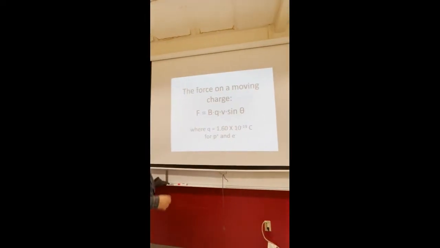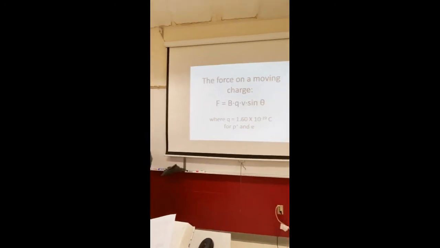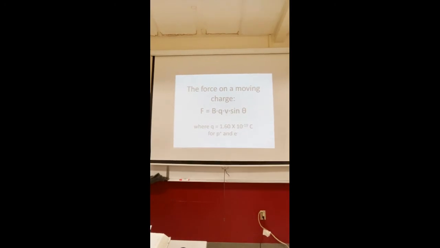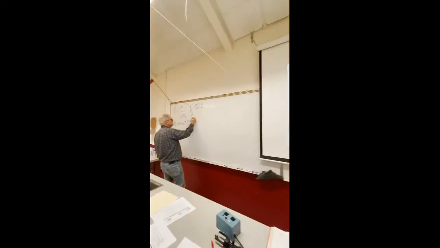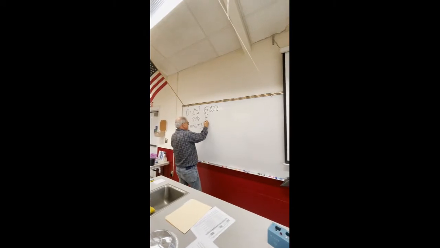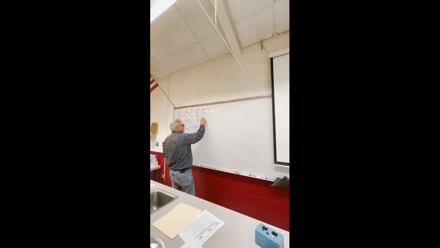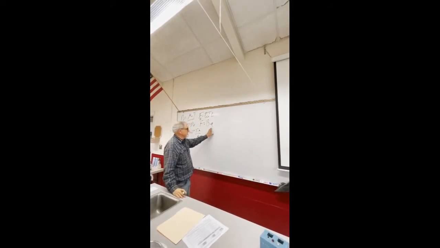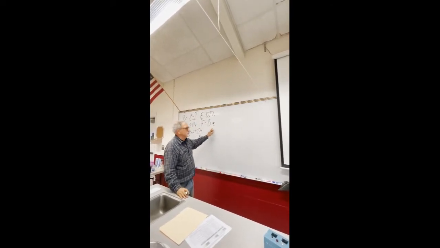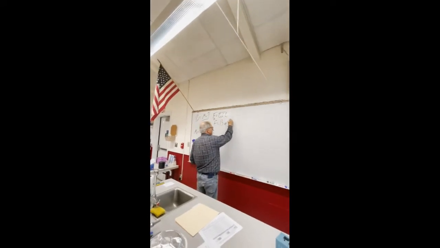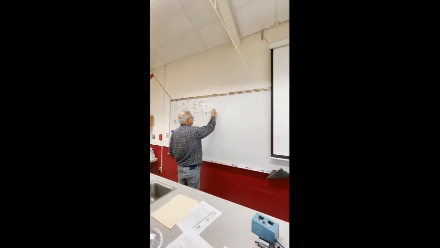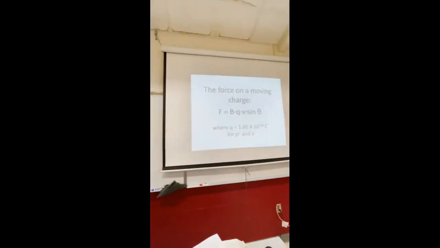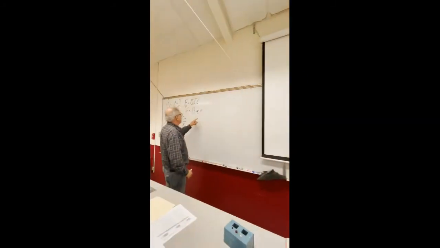Okay, the force on a moving charge is the intensity of the magnetic field, times how much charge, like if you've got a doubly ionized or singly ionized, times the velocity, and then you've got the sine theta. I'm just going to leave the sine theta out for now.